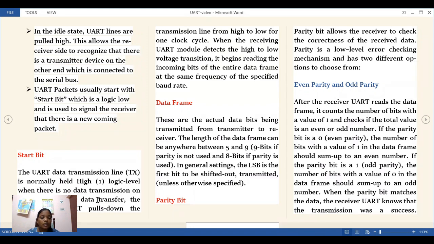When it is going to start the transmission, the UART pulls down the transmission line from high to low for one clock cycle. The UART module at the receiver end detects the high to low voltage transition. It begins reading the incoming bits of the entire data frame at the same frequency as the specified baud rate.